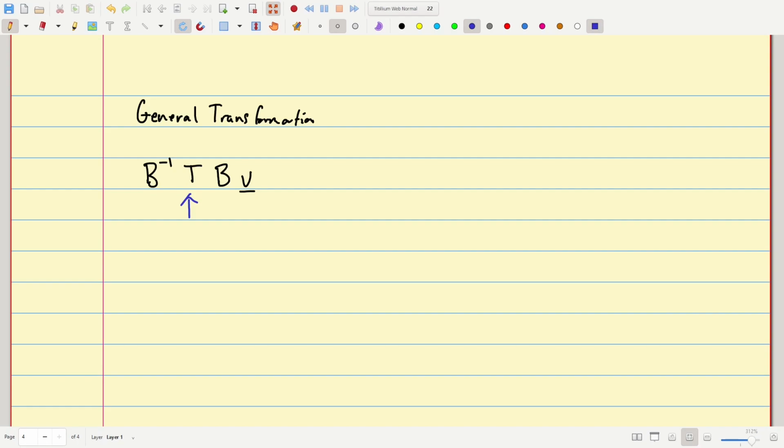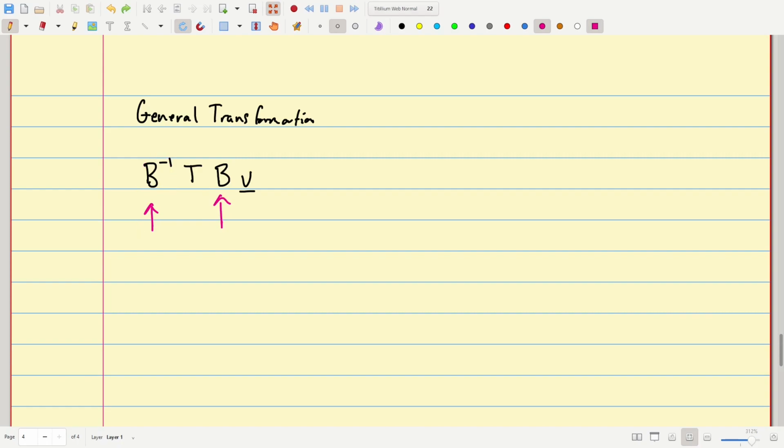Okay, and it doesn't necessarily have to be in the standard basis, but it's in the context that we are aware of. So the standard basis is normally what we have here. And this is the new basis and the inverse of the new basis, those transformation matrices.